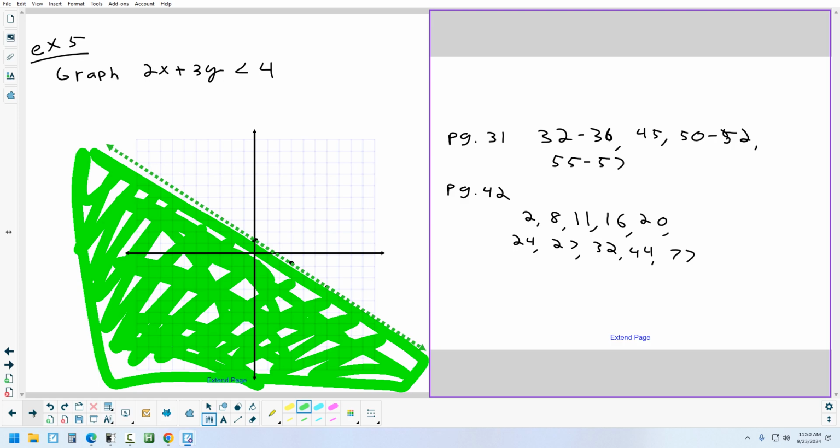X min, X max, Y min, Y max. 45, again, that's doing it on the calculator, a piecewise function, just find the window. And so that's the first page, 32 to 36, 45, and 50 to 52. And then page 42, that's on the lines and the graphic inequalities and shading. So that's 2, 8, 11, 16, 20, 24, 27, and 32, 44, and 77.